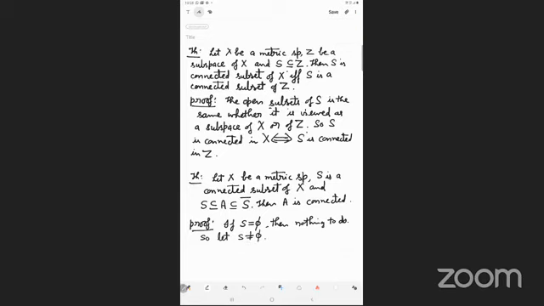Suppose f is a function from given set A to {0, 1}, which is continuous, then we are restricting f at S, which is continuous.